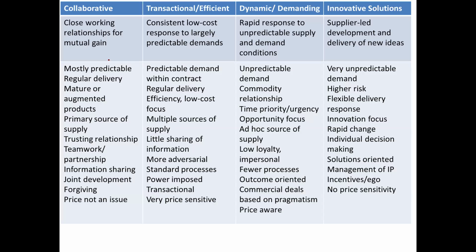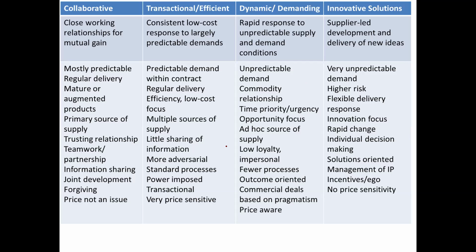And there's the expansion of that: collaborative, transactional, dynamic. Now, this is a useful segmentation model because once you've segmented your customer, you can match your supply chain to the customer segment. And Gattorna very famously said, one size doesn't fit all. You need to tailor your supply chain to the customer segment, which is pretty common sense.